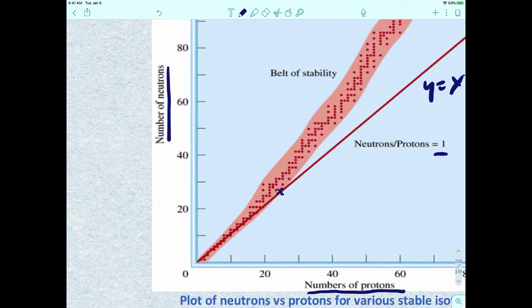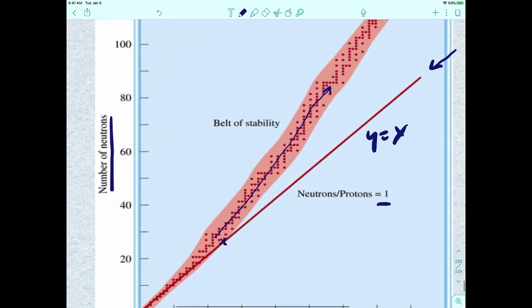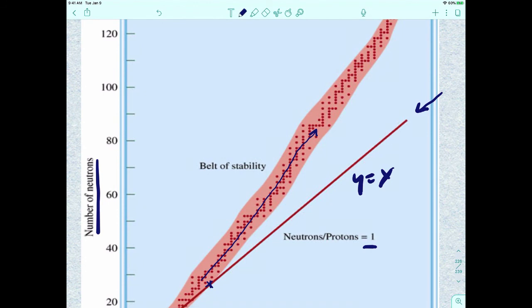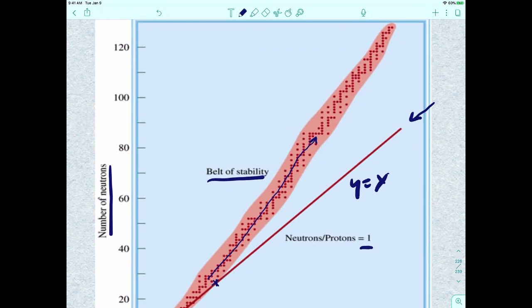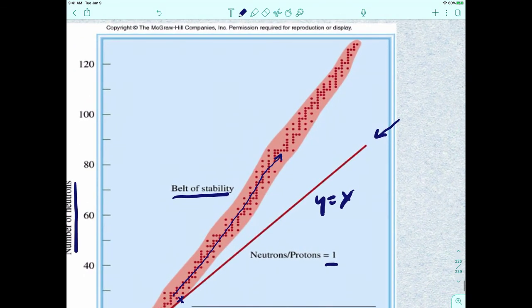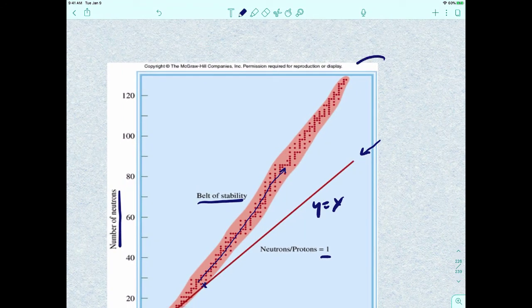But the isotopes are pretty much keeping together, and so graphing all the known isotopes in this format gives us what's called the belt of stability, where all the isotopes inside this belt of stability are stable. So these are stable isotopes.